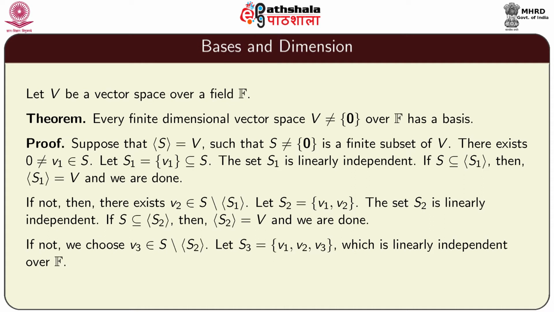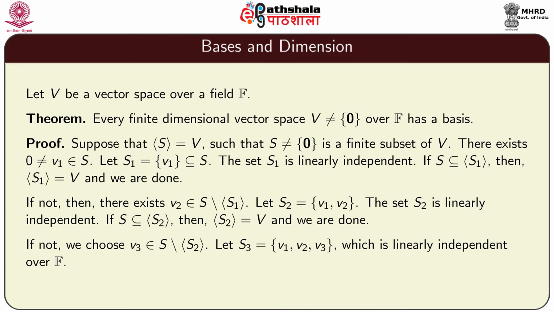But if S is not linearly independent over F, then you will see that we will be able to extract a linearly independent subset of S which would also span V. See how we do this.